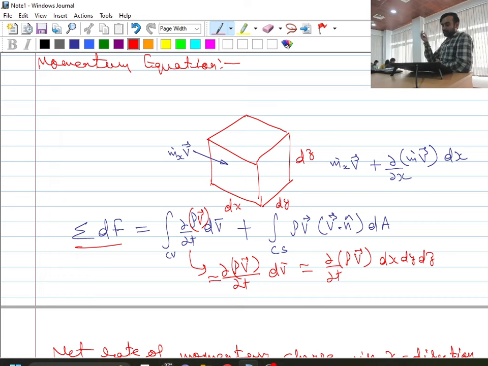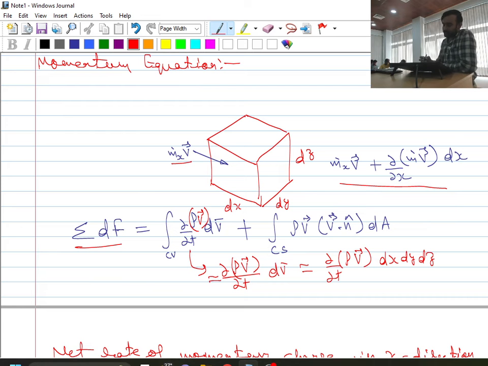Now there was the question which I asked you: whenever I consider the momentum in the x direction, should I consider the component of the velocity or the velocity vector? Typically, this particular term is representative of the momentum flux across the control surface.